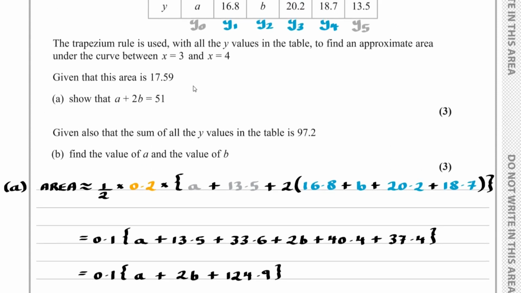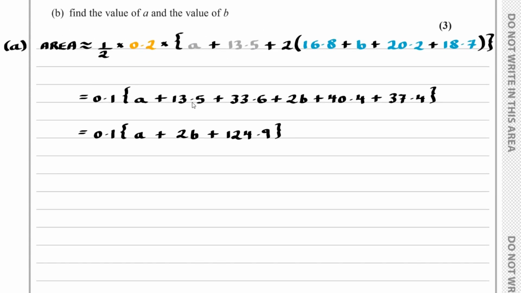What I know is that the area is 17.59, so we set this equal to 17.59. And now let's solve and rearrange for a plus 2b.